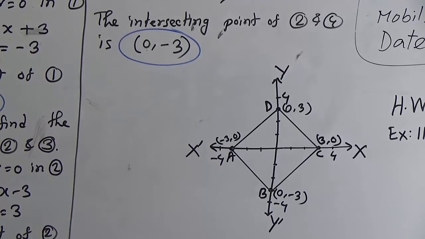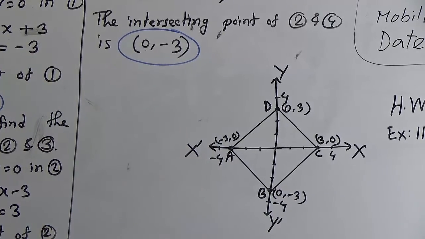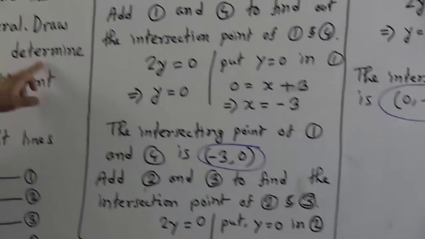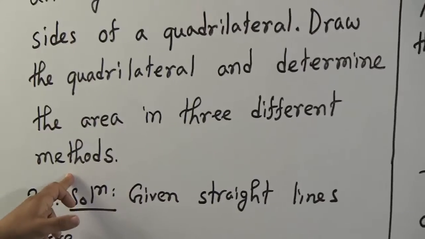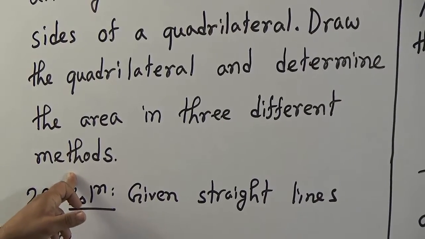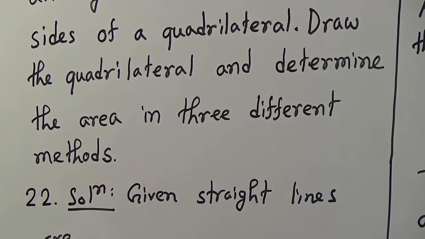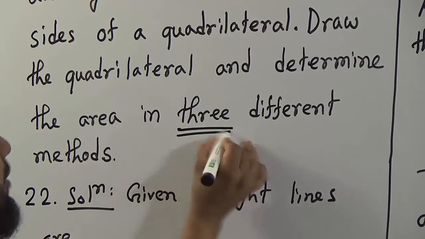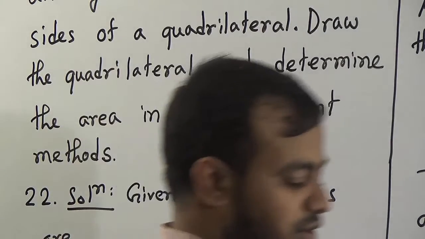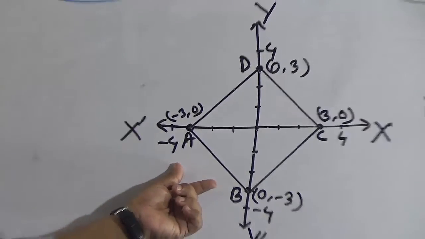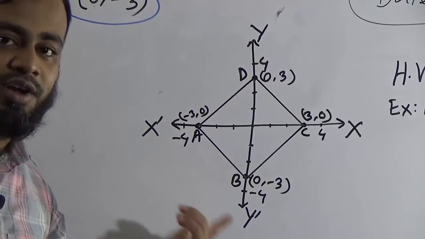Now the second part is what? Look at the second part. The second part is to determine the area by three different methods. We need to find the area, but in three different methods. This is the problem, my students. For this, we first need to find the characteristics of this quadrilateral, that means what kind of quadrilateral it is.